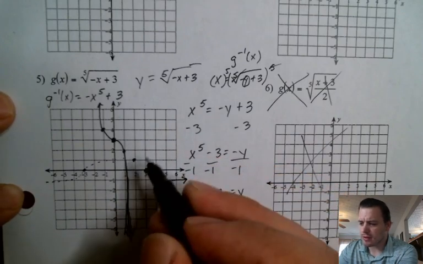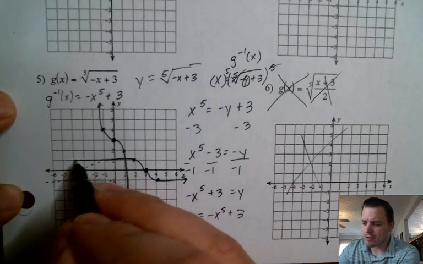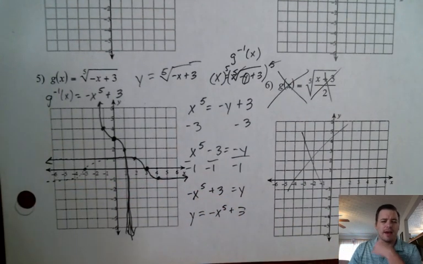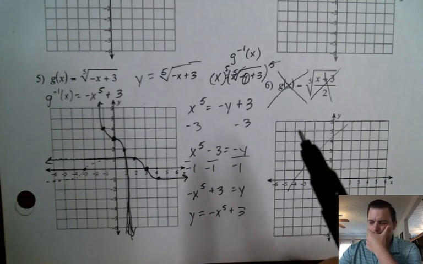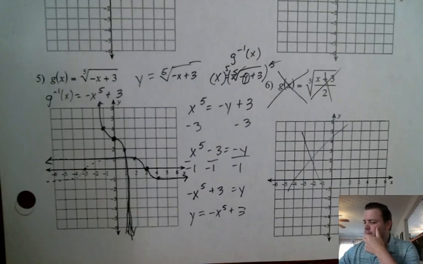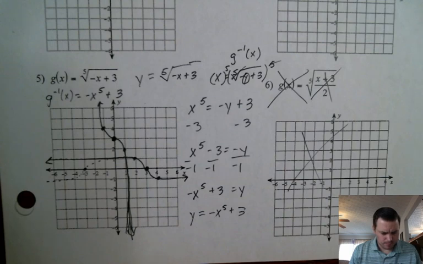I didn't know this one was on here. This is a little bit of a challenging one. So it should be looking something like that, okay? Did I draw that right?